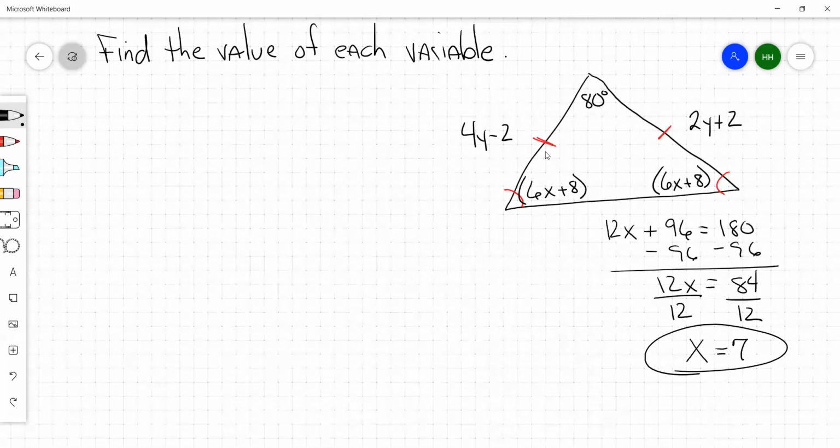What do we know about 4y minus 2 and 2y plus 2? They're equal to each other, right? So you can write your equation. And you can solve for y.